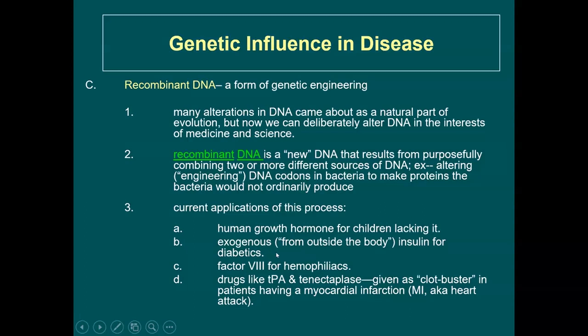For individuals who have diabetes and don't make insulin, this is exogenous insulin that is, of course, made outside of the body and therefore purchased by the individual with diabetes. And then there are certain individuals who lack blood clotting factors such as factor VIII, and if they don't make it, they can now buy it. And then there are other drugs, TPA and tenecteplase. These are clot busters that are used for patients with strokes and heart attacks.